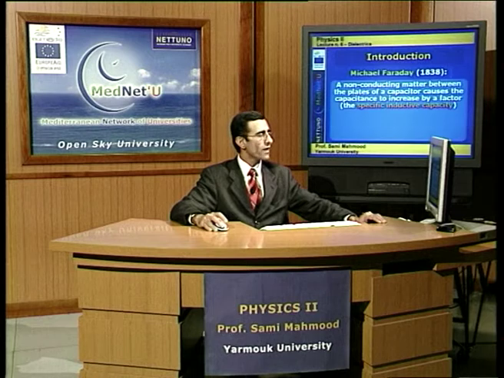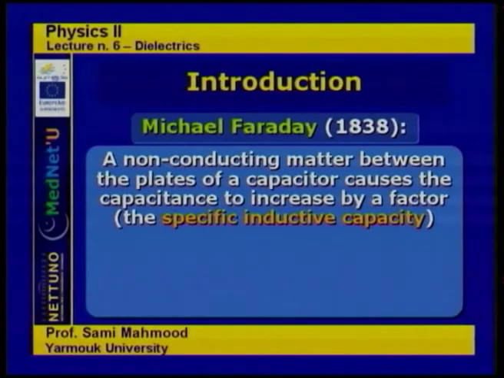In 1838, Michael Faraday found, during his work on electricity, that a non-conducting matter, if placed between the plates of a parallel plate capacitor, causes the capacitance to increase just due to the introduction of the non-conducting material between the plates.